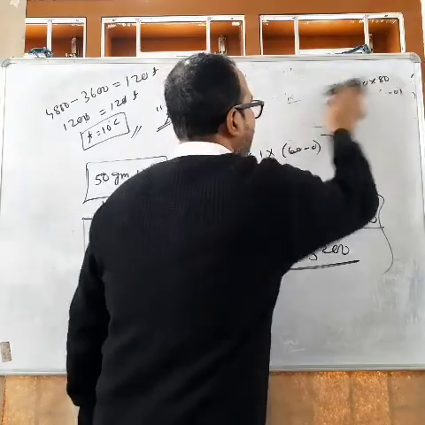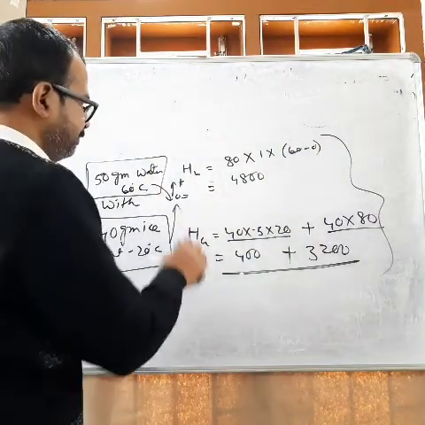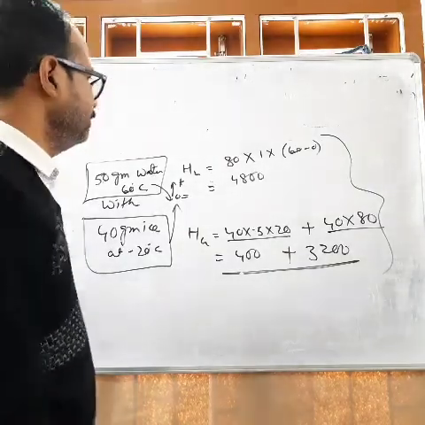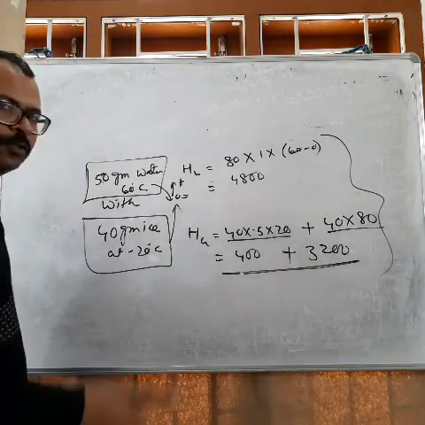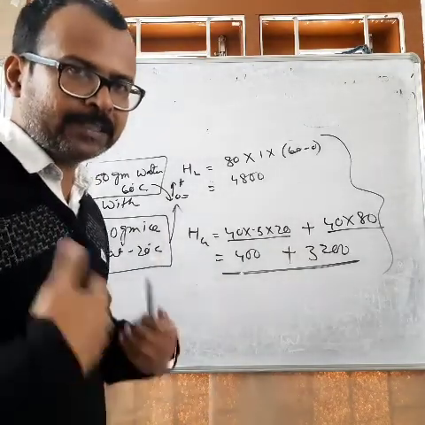If in the above problem, mass of water is only 50 gram, find the same. So previously we solved with 80 gram of water, now mass of water is only 50 gram. Just I want to show the difference.